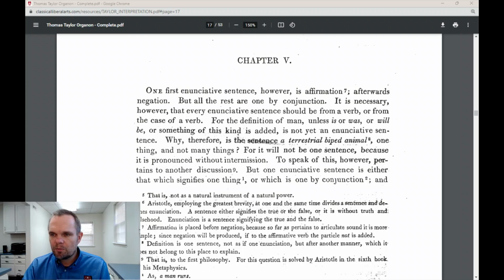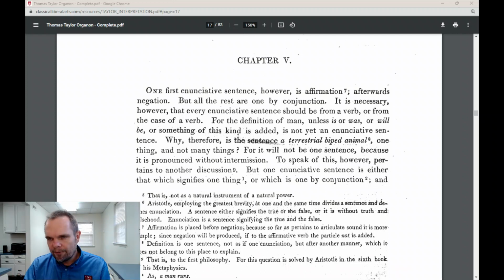We'll see some examples later in this chapter that help to explain what he's talking about here. But every enunciative sentence must be drawn or produced from a verb or from the case of a verb. That is a present tense verb or a verb in another tense, either past or future.